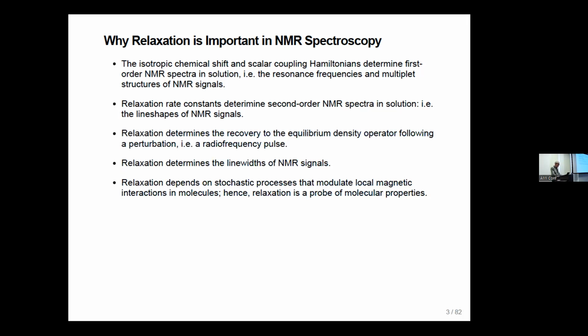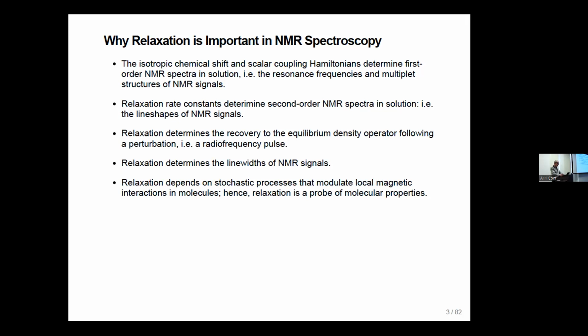So in addition to line width, of course, there's the recovery back to Boltzmann equilibrium. We typically have to signal average. So one has to leave a delay between executions of the pulse sequence, usually to allow some degree of Boltzmann equilibrium magnetization to be recovered before starting the next scan.